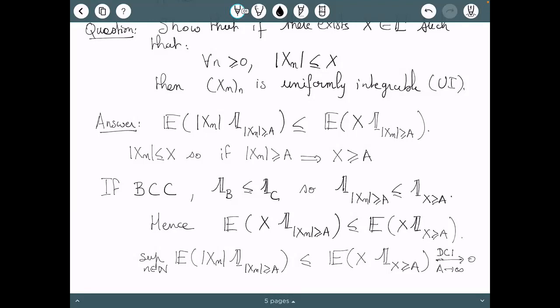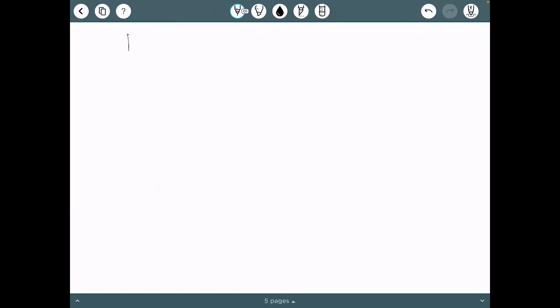And so this is an upper bound which is independent of n. So I have also that the limit as a goes to infinity of the supremum in n of the expectation of xn, indicator function of xn bigger than a, is equal to 0. Okay, it's finished.